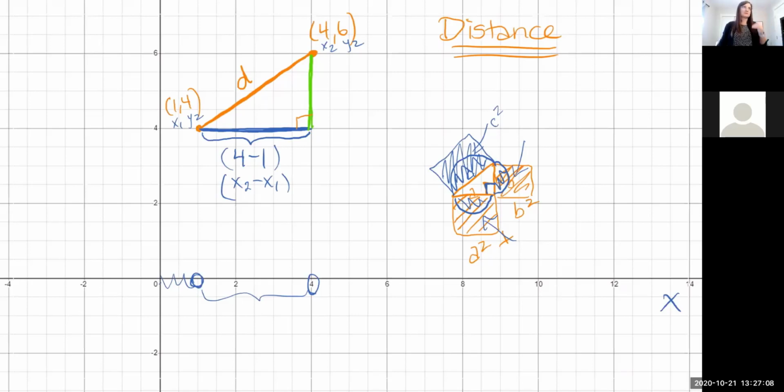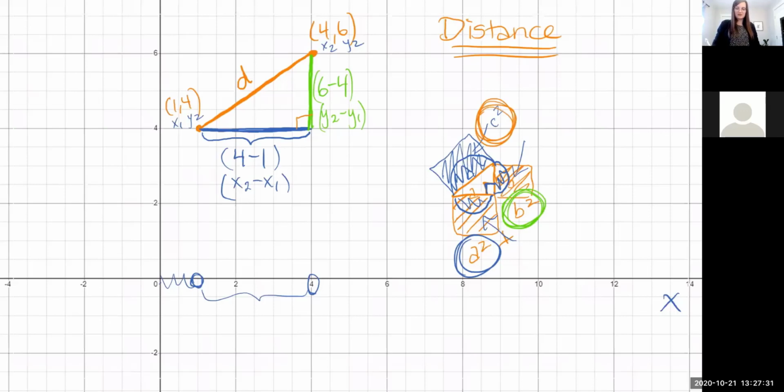Okay. So 6 minus 4, yeah. So if you go 6 minus 4, that's your y2 minus y1. So really that blue distance is your A, and your green distance is your B, and then your orange distance is C, right?